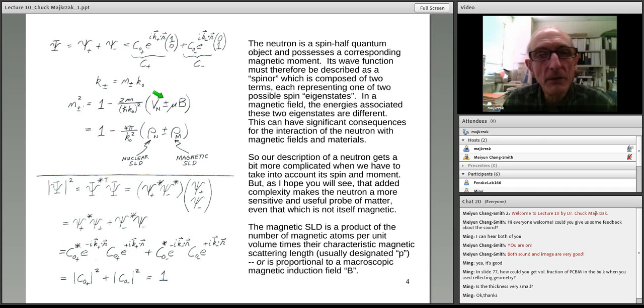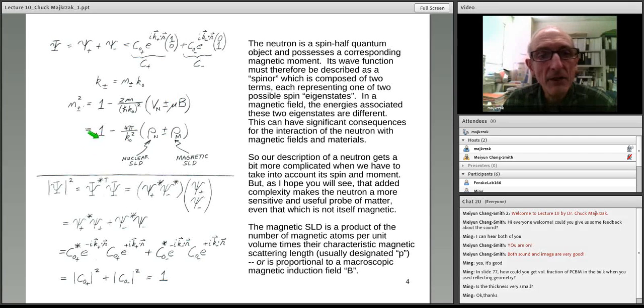There are two terms now. There's the nuclear part, this nuclear potential, but there's plus or minus a Zeeman term, the moment of the neutron times the magnitude of the field, the induction actually, in that material or region of space where a field exists.